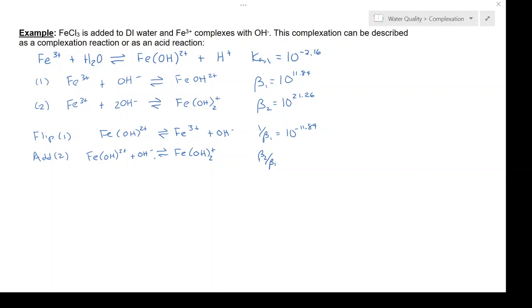Next, I'm going to add the water equation to this. So I have Kw, and I have water going to hydrogen ion and hydroxide.